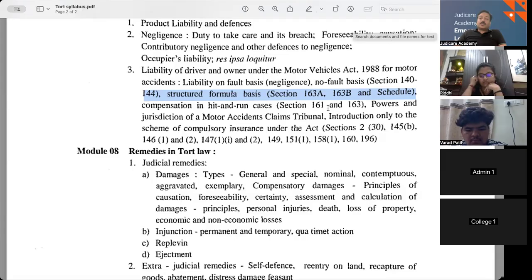In hit and run cases also this is applicable, but we are talking from the perspective of tort here. There is no fault which has to be sought or proved to ensure whether that particular person was at fault or not to seek compensation. Compensation is irrespective of that.